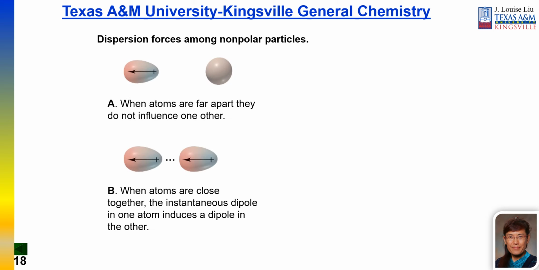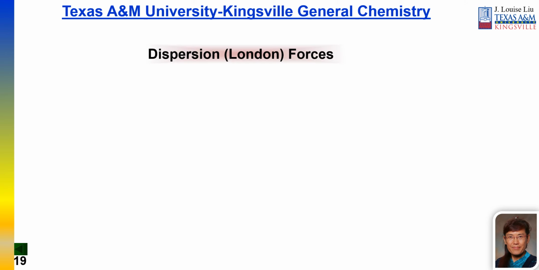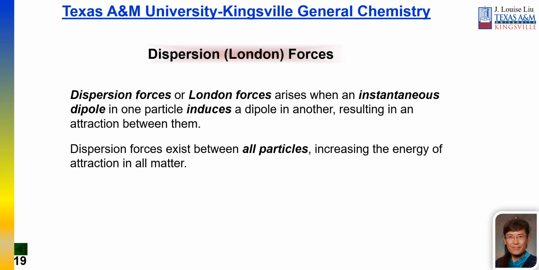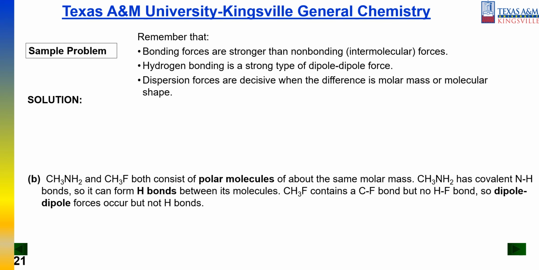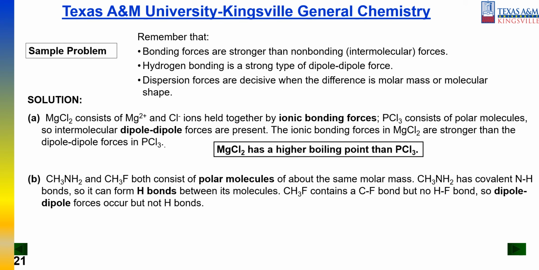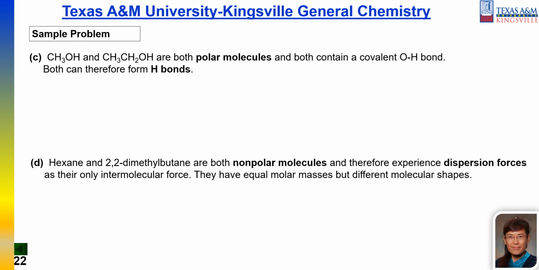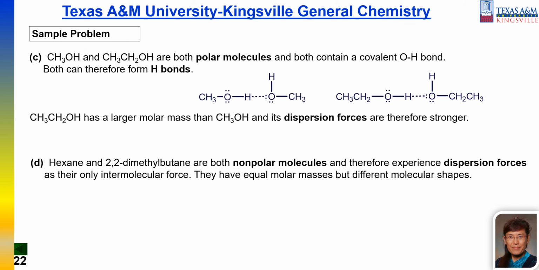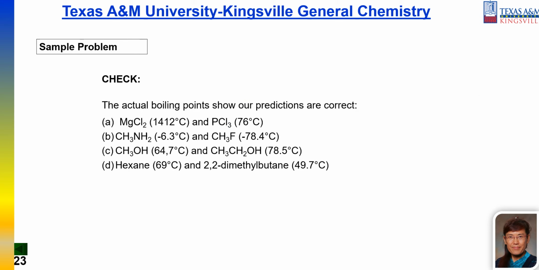So that's related to your last intermolecular force called London dispersion forces. Also, we are going to do some practice. So essentially, that's what I want to show you for today.